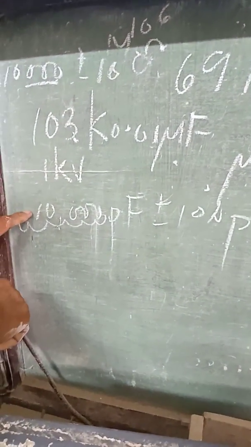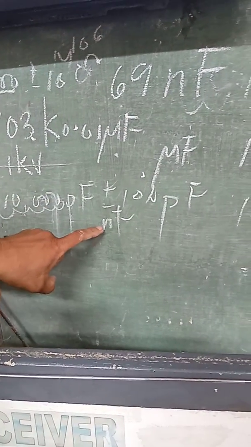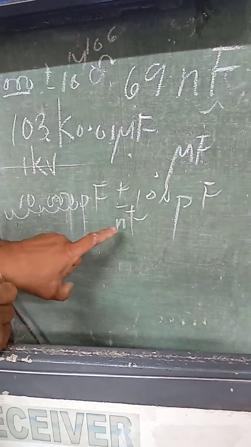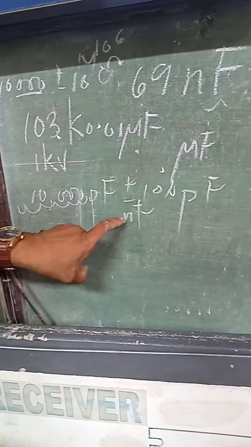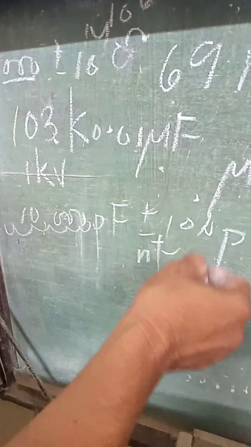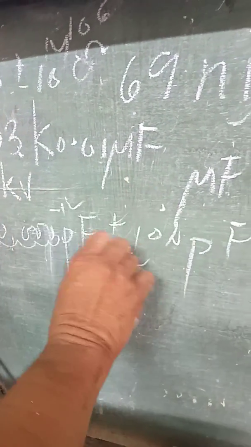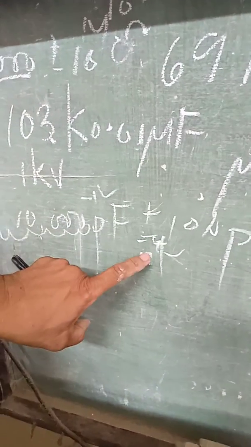If it is nano, pico to nano, pico is negative 12, nano is negative 9. So therefore, nano is bigger in value. So when we convert pico to nano, the difference between them is how much? Negative 12 and negative 9. It is 3.